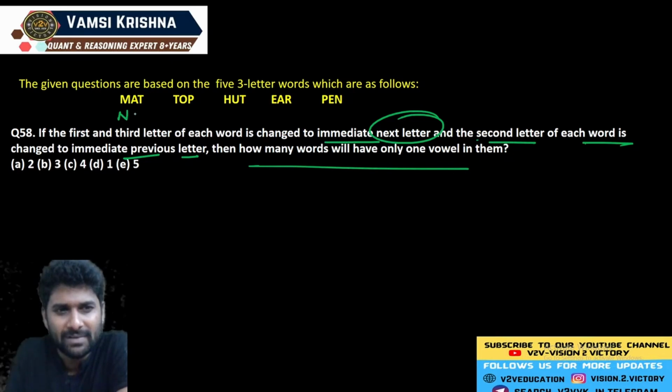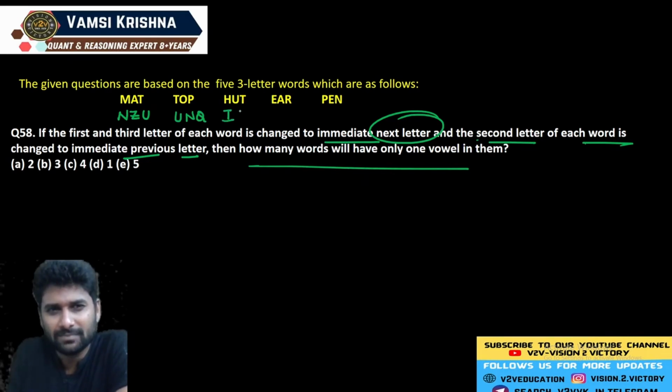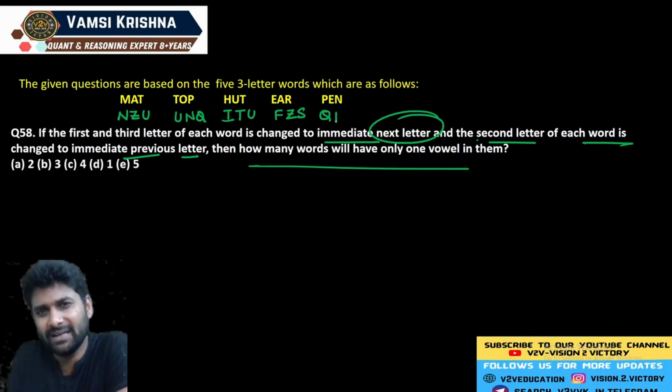N, A previous letter is Z, T next letter, U. Same way, T next letter, U, O previous letter, N, T next letter, U. I, U previous letter, T, T next letter, U. E next letter, F, A previous letter, Z, R next letter, S. P next letter, Q, E previous letter, D, N next letter, O.